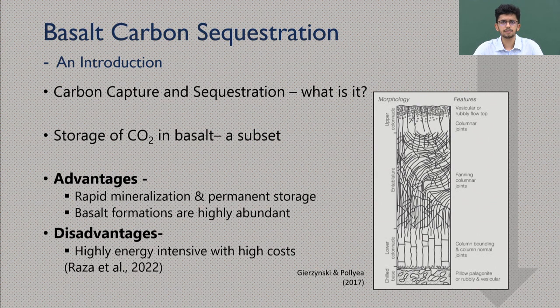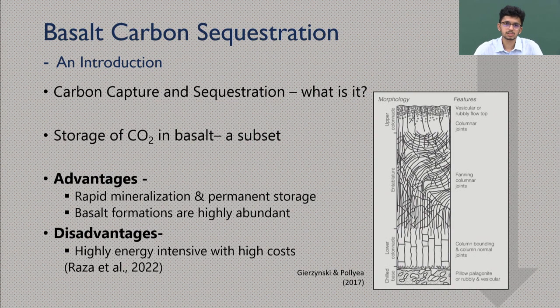Now, basalts have numerous unique properties such as their geochemical properties, which differ from sandstones and offer them as unique prospects for geological carbon sequestration. There are quite a few advantages which come with basalt carbon sequestration. One of them is the rapid mineralization and the permanent storage of carbon dioxide.